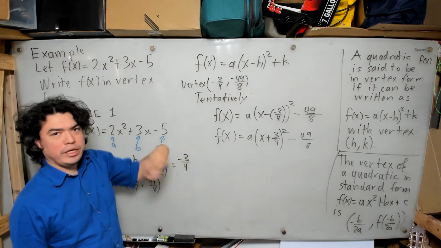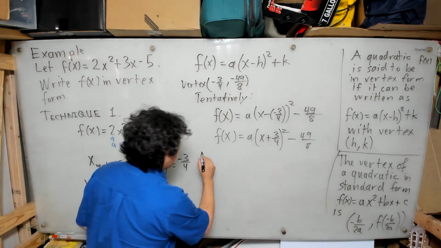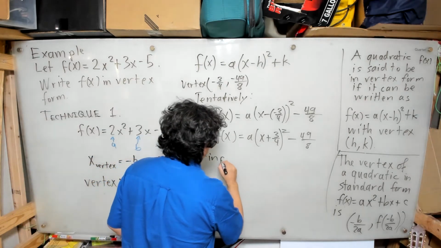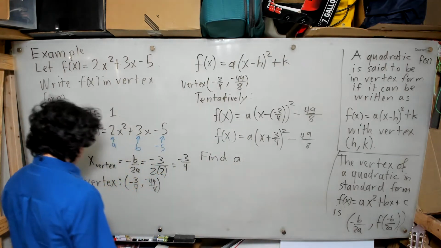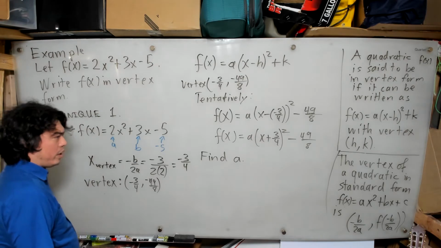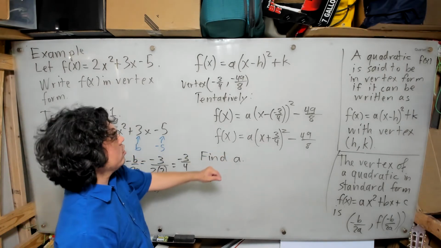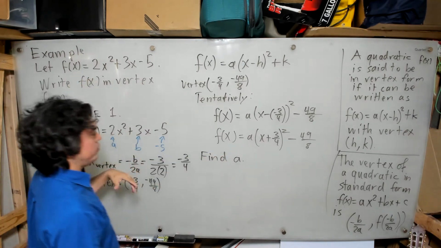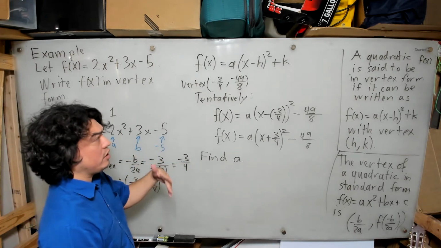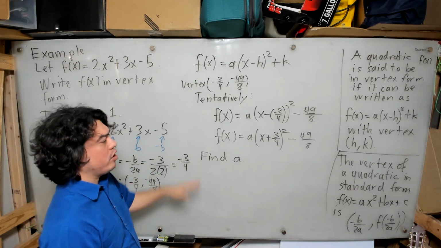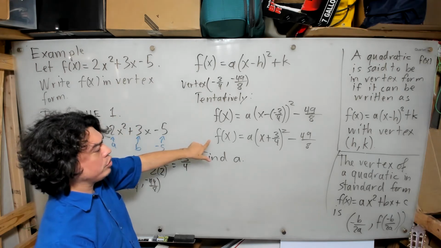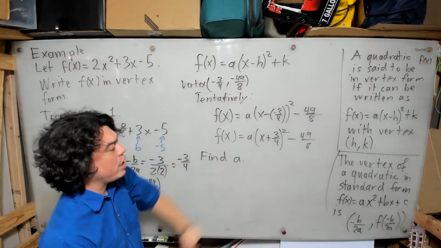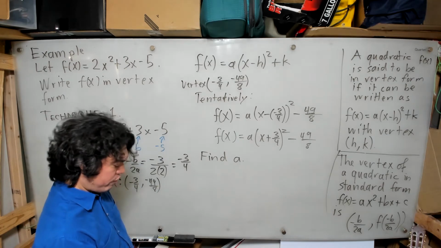So now what we need to do is find the a. One of the things that I like to do when I'm finding the a is to find another point of this quadratic that we can use to plug in to find the a.